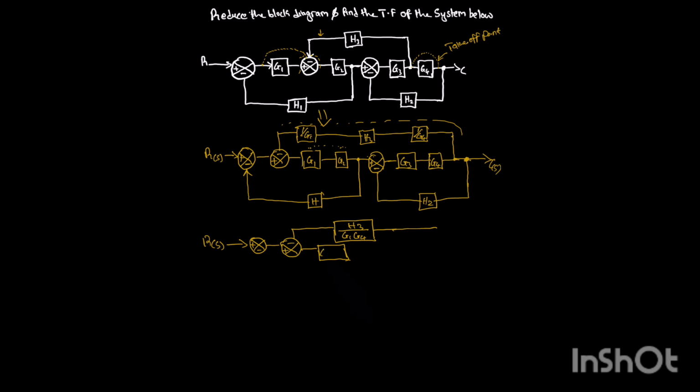So G1 times G2 will be over here. Then this will be our H1, and connect it over here. The next one will be plus minus. So this will be our H2.